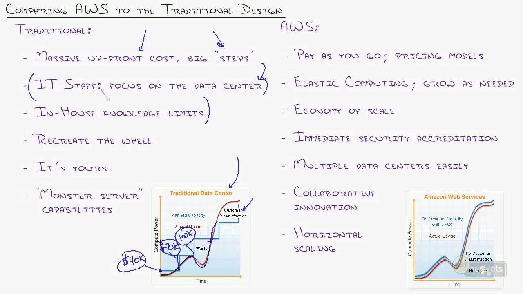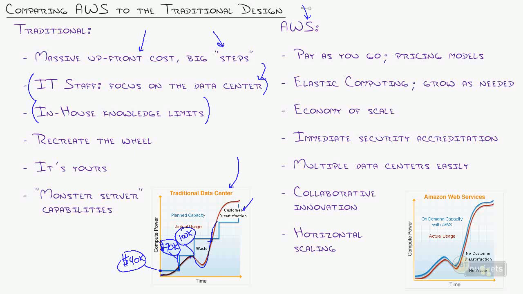You're also hitting your IT in-house knowledge limits, meaning in doing it all yourself, you're going to be limited by the people that you have on staff. You might hire a consultant to come in and give you some new ideas, but there are no services that you're getting with your in-house people.